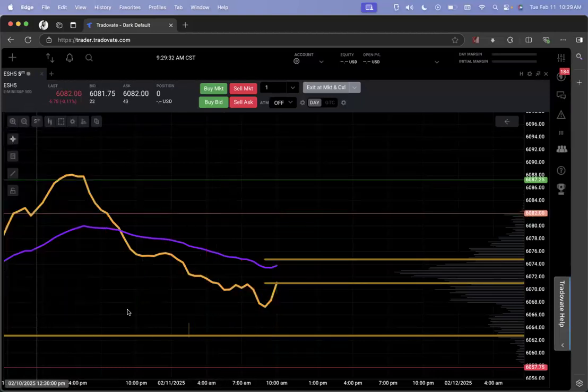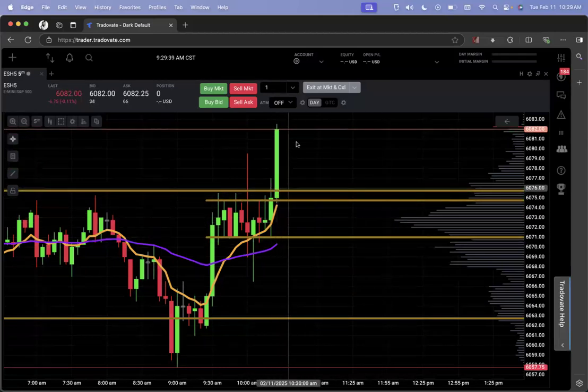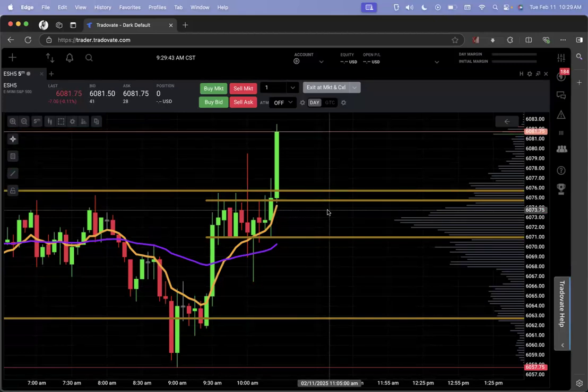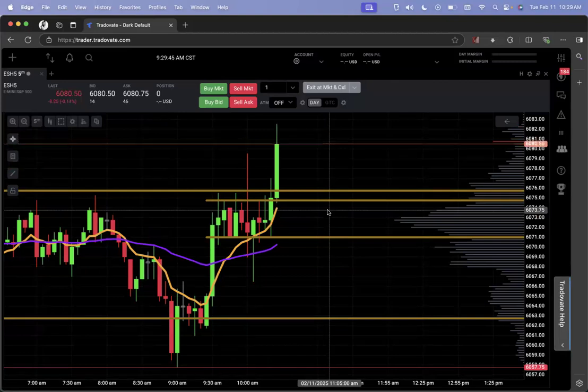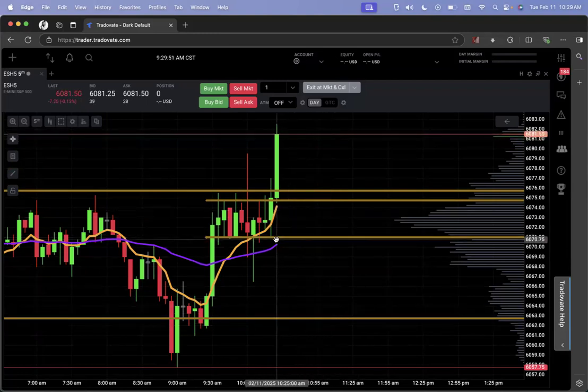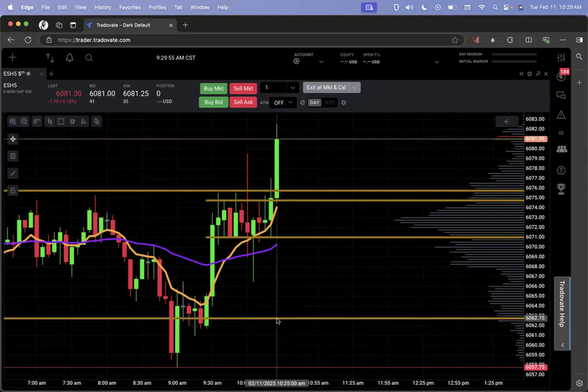That play was very simple. Pretty much just play the breakout. Once we get above 6076, take buys and then play the upside. That was the play just now. If we were to break 6063, we would have done the same thing and taken sell orders.